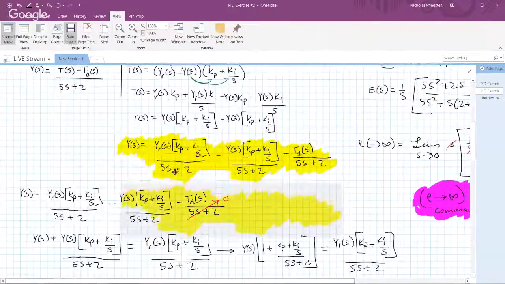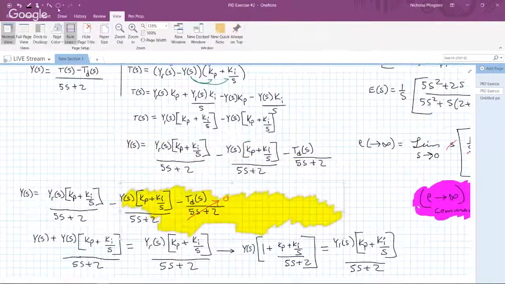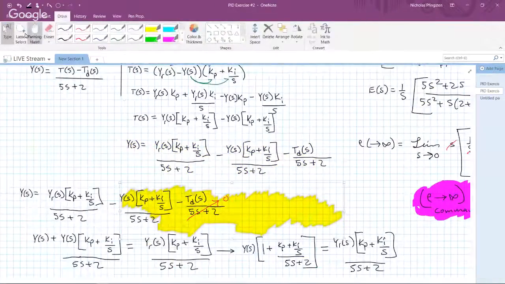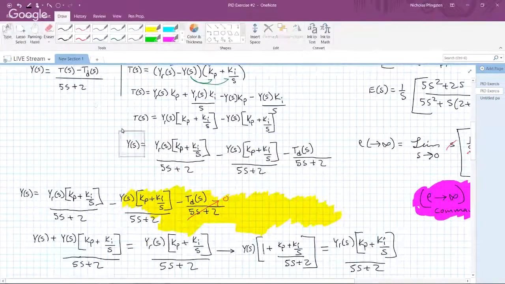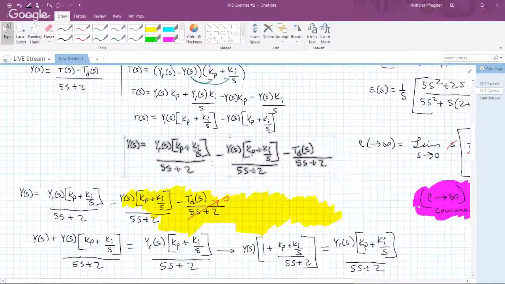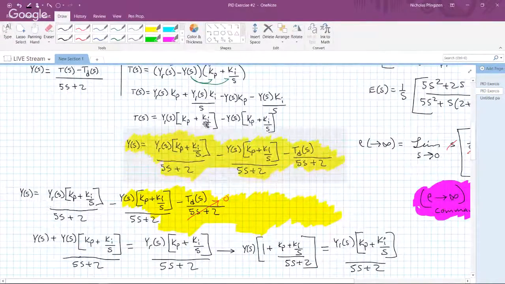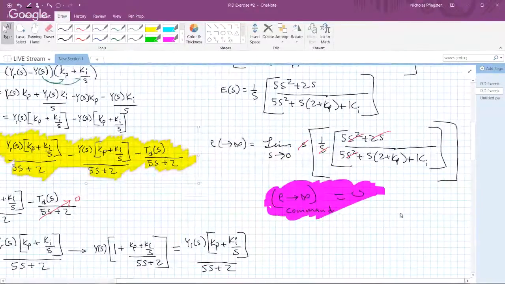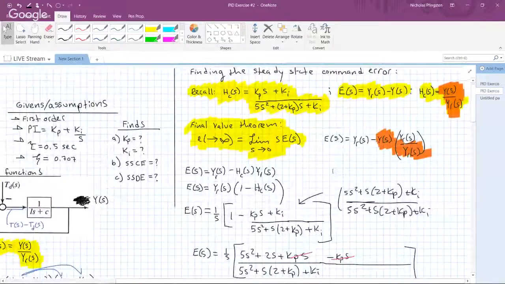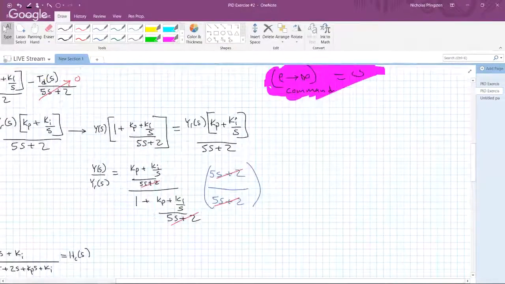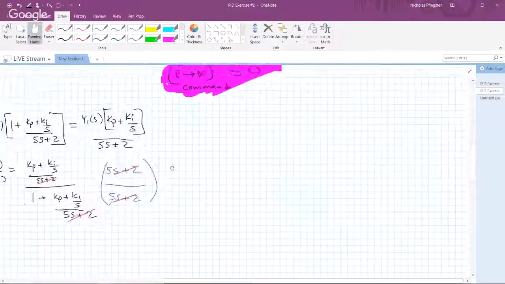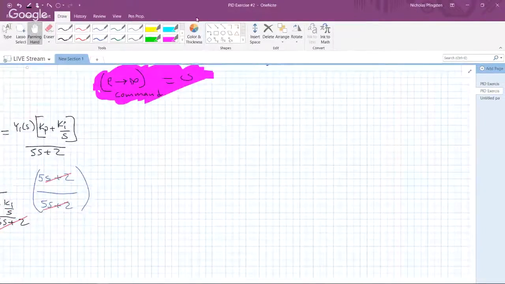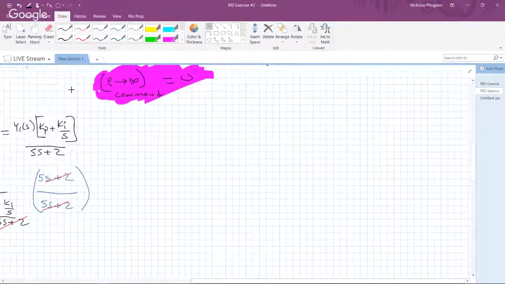So let me move the yellow to the side and grab this expression. I'm going to copy it. And right here, I'm going to make some more space. Here we go. I'm going to parse this out.